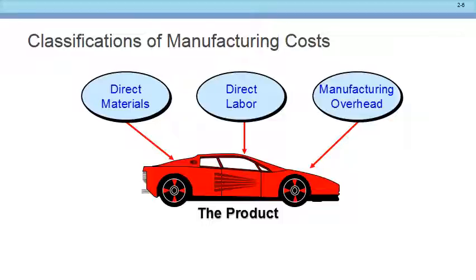Okay, so overhead is always indirect. There's no such thing as direct overhead. But we have indirect costs and direct costs, okay? Our direct costs can include materials and labor, right? Our indirect costs can include indirect labor, indirect materials, and then overhead is always going to be indirect, okay?